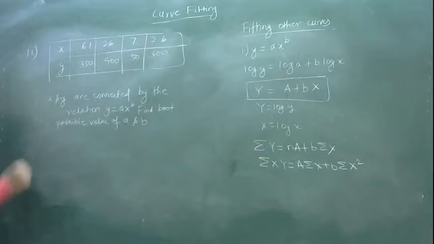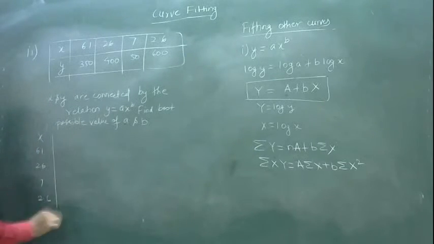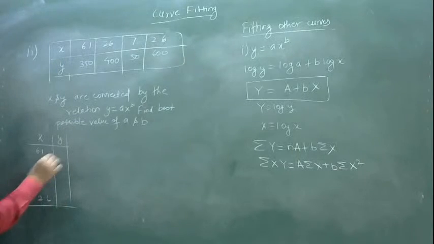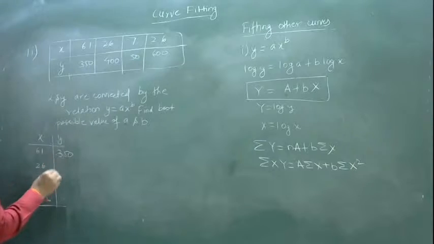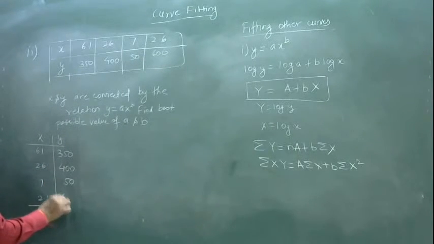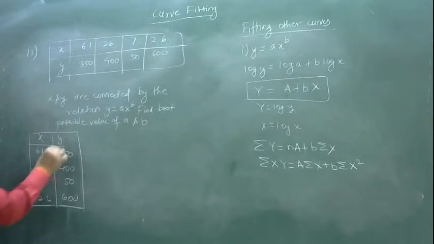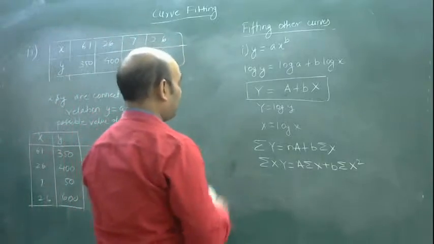So x is 61, then 26, then 7, then 2.6. The value of y is 350, 400, 500, and 600. So these are the values of x and y. We have calculated this, so these are the normal equations.